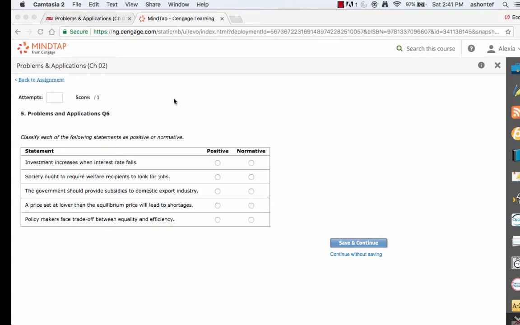And keep in mind, the normative statements might be correct, but if they're being said in such a way that it's like, we should do this or we ought to do that, that's going to be normative, while positive is going to be discussing more of making claims with some evidence. So I think you should be able to do that as well.